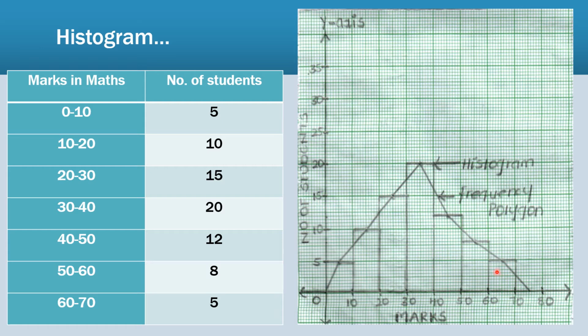Now, on this particular diagram, we have also shown what is known as the frequency polygon. Now, the frequency polygon in this case has been drawn by joining the midpoints of the top part of the bars of the histogram. So the midpoint of the top part of each bar is taken, and those points of all the bars are joined.